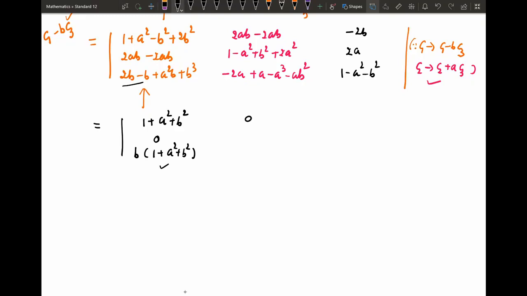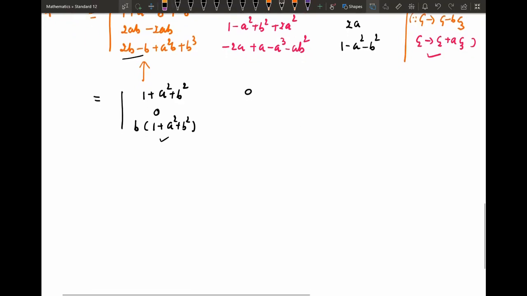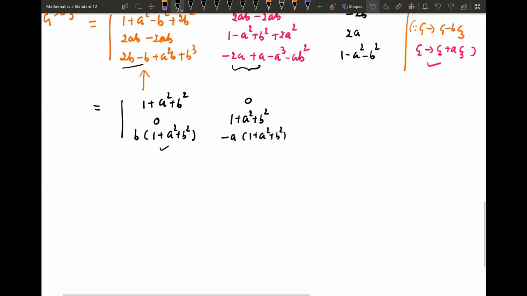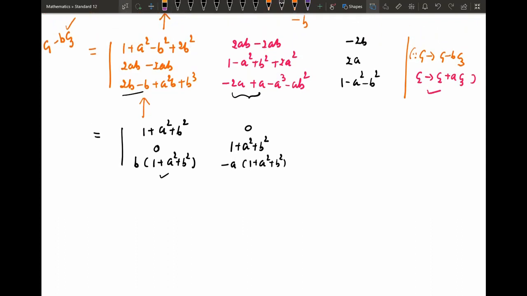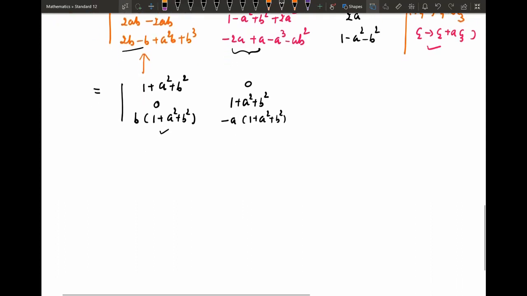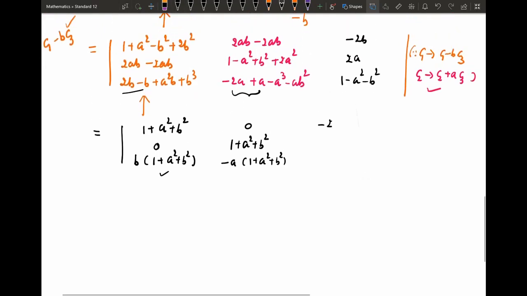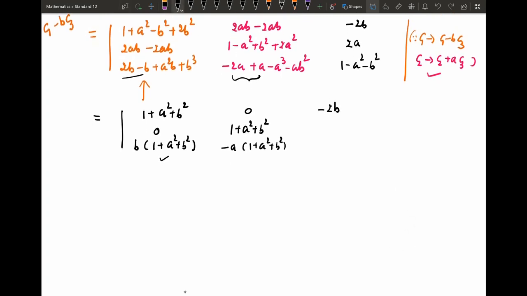Here 0, 1 plus a square plus b square. Here simplification minus a, if we take minus a common, into bracket 1 plus a square plus b square. So now you can observe, from first and second column we can take 1 plus a square plus b square common. So this is minus 2b, 2a.